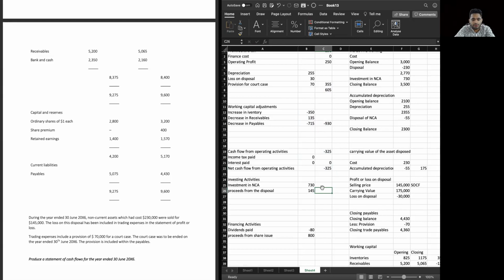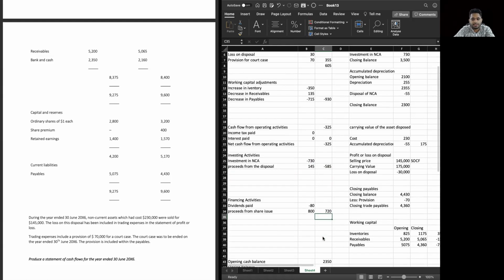So when you look at your investing activities, your investments in non-current assets 730, proceeds from the disposal is 145. So you have a net cash outflow of 585. And you will have a net cash inflow from financing activities of 720.